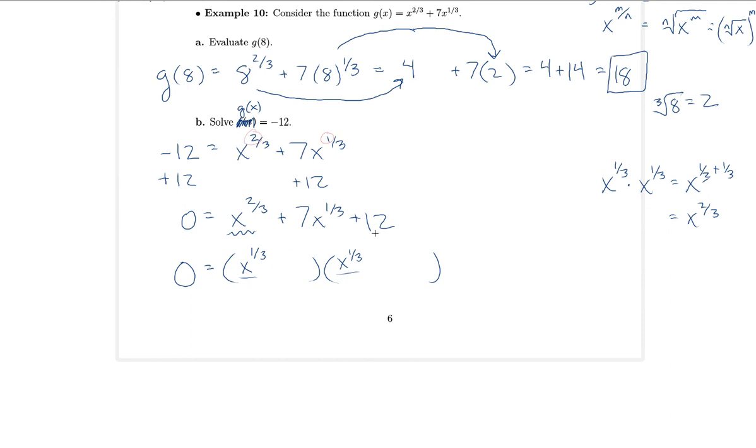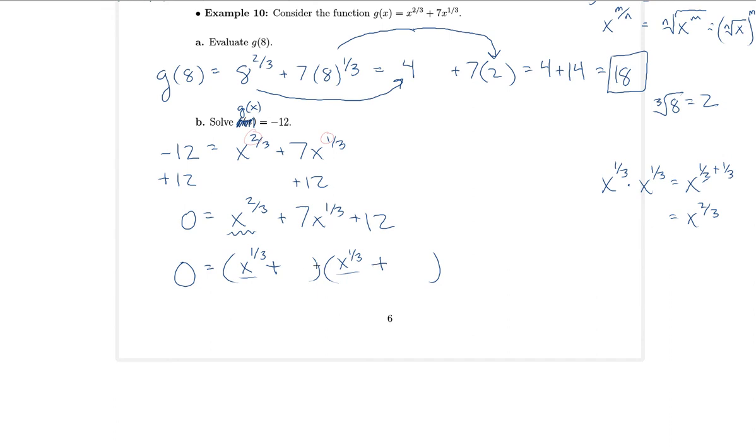And then let's also remember what happens here, right? So 12, you need to make that by multiplying the last times the last. Well, this is positive, so the signs need to be the same. And since the middle term is also positive, I'm thinking they both have to be positive, so I'm going to put a plus and a plus here. And then let's think about what multiplies to make 12, which also adds to make 7. Well, that would be 3 and 4.